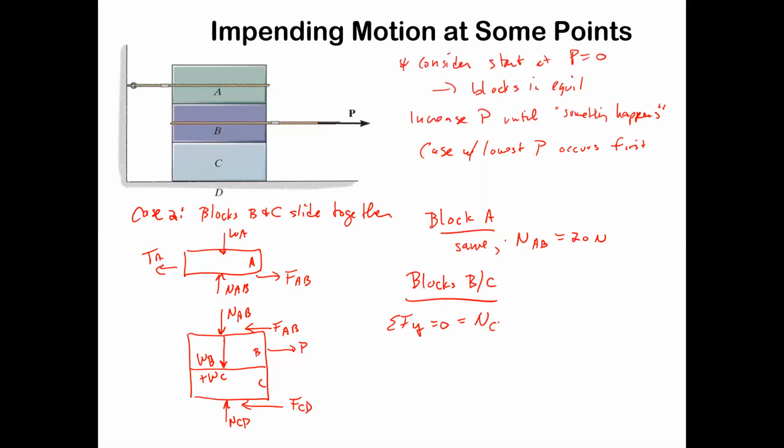We're going to have, in this case, though, NCD going up minus NAB minus WB minus WC. And we know that, therefore, NCD is going to equal 60 newtons. Got 3 blocks of 20 newtons apiece on top of it.